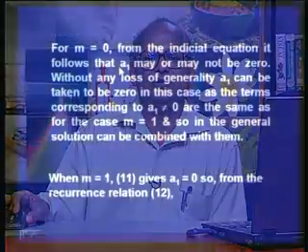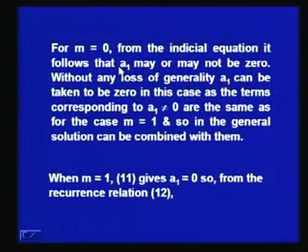For m equal to 0, from the initial equation it follows that 0 is equal to 0. So, there a1 may or may not be 0. Now, without any loss of generality, we can assume that a1 is equal to 0 in this case also, because the terms that correspond to the case where a1 is not 0 can be absorbed in the terms which we will get for the case m equal to 1, because they are the same case terms.